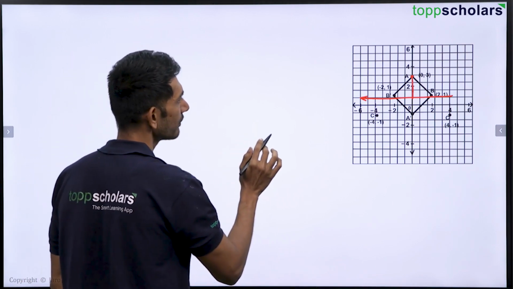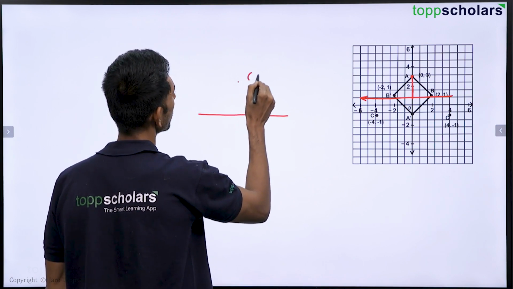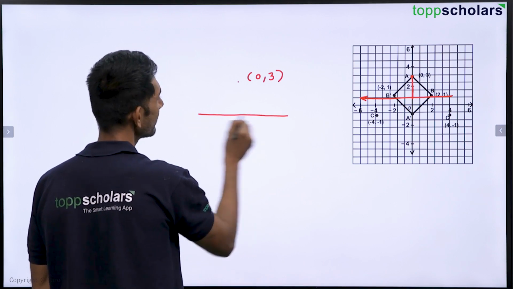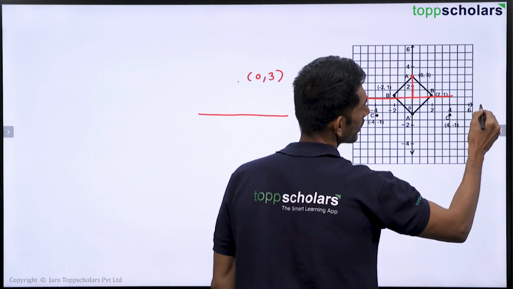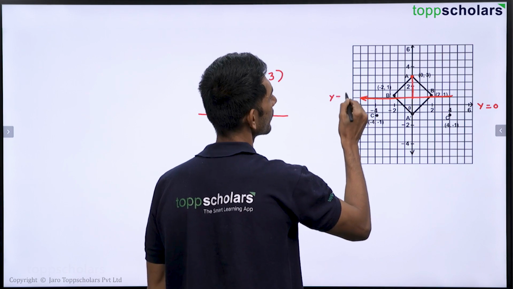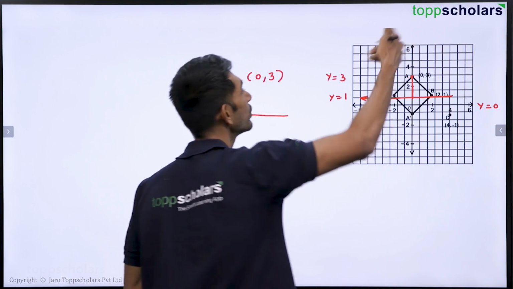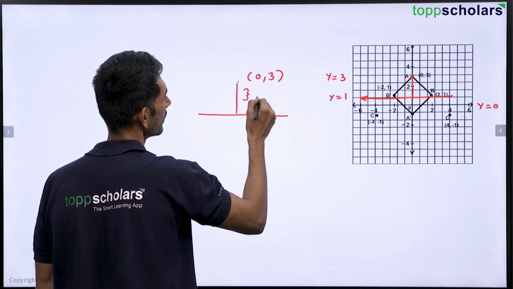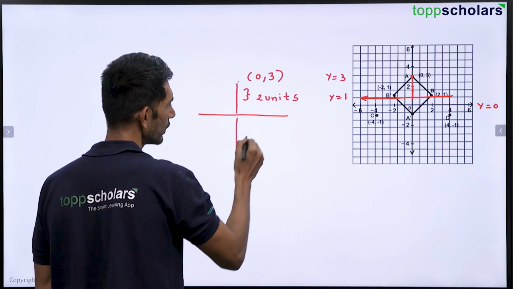So if you see very carefully, I have a point over here that is 0, 3 and this line over here, see this is what? This is y is equal to 0. Here y is 1, correct? And here y is 3. So we are moving 2 units above, not 3 units. So this distance is 2 units. So I have to move 2 units down.